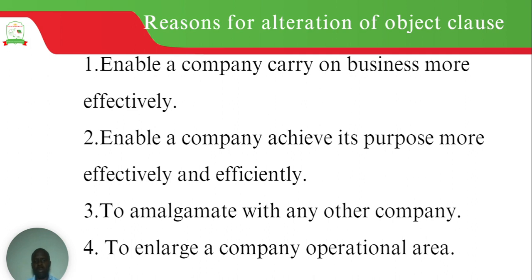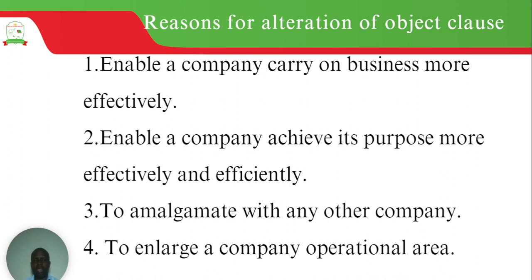And also number 2, another reason why we alter the object clause is to enable a company to achieve its purpose more effectively and efficiently. The third one is to amalgamate with any other company. When we talk about amalgamation, it is the process of two companies coming together, either through what we call mergers, so two companies will come together to become one, or what we call takeovers.